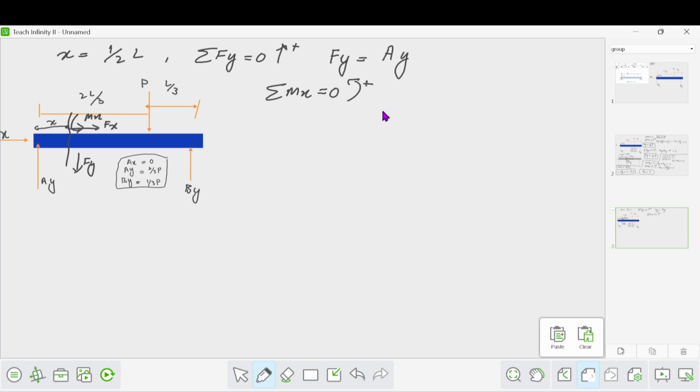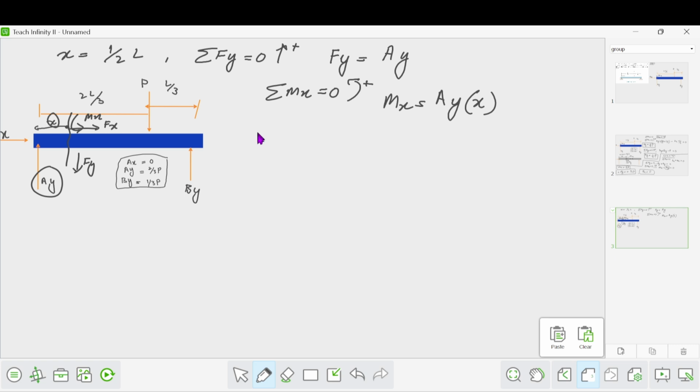So Mx will also equal Ay into x. This is the x distance multiplied by this force, Ay into x.